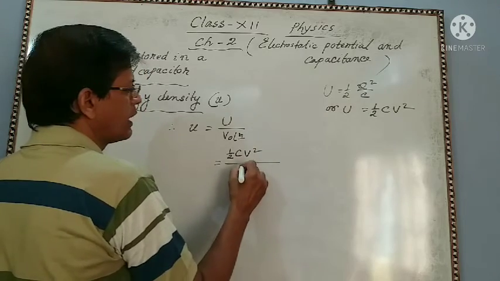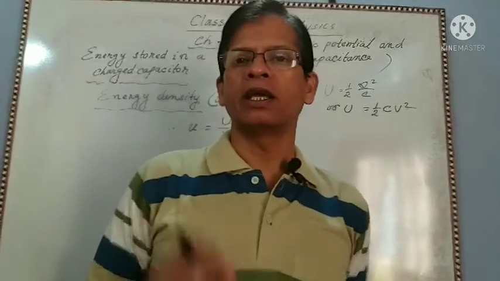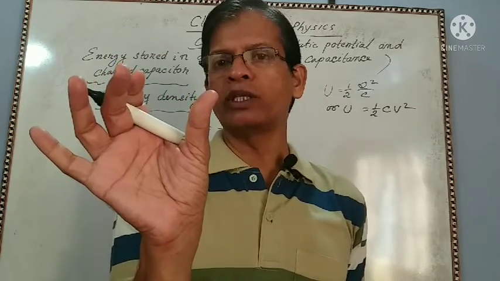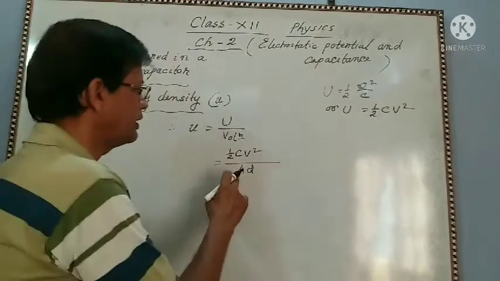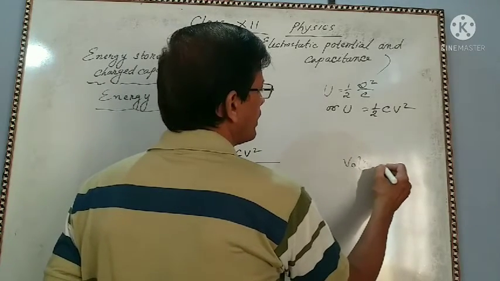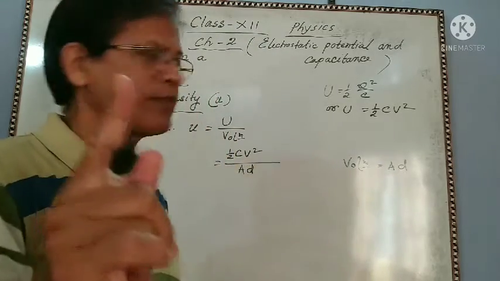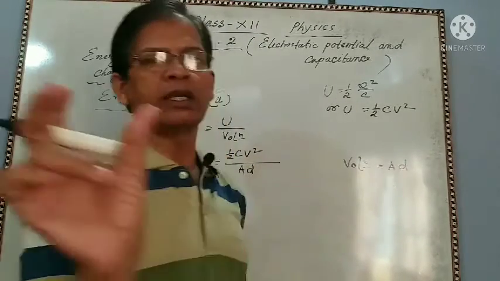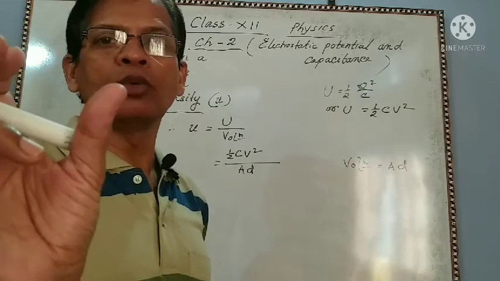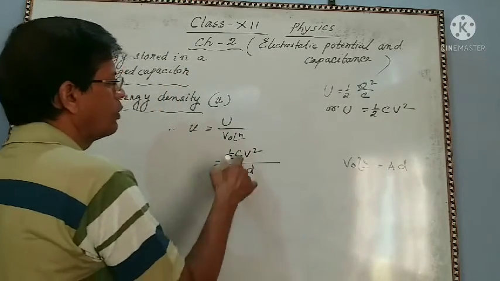In a parallel plate capacitor, the area is considered A and the separation between the two plates is D, so the volume is A into D. D is the distance between the two plates. So the volume of the capacitor is A into D.